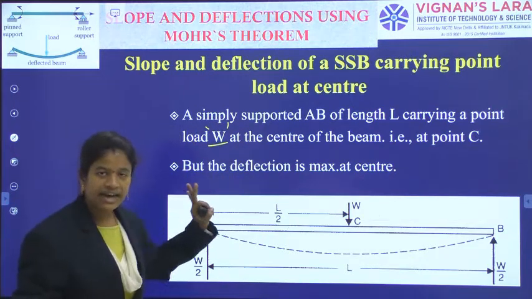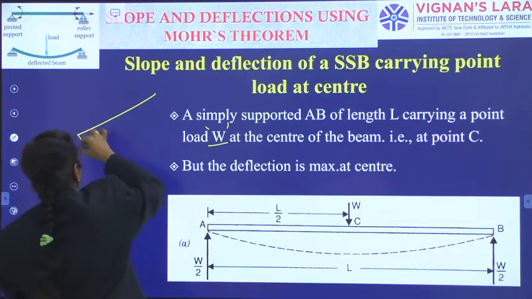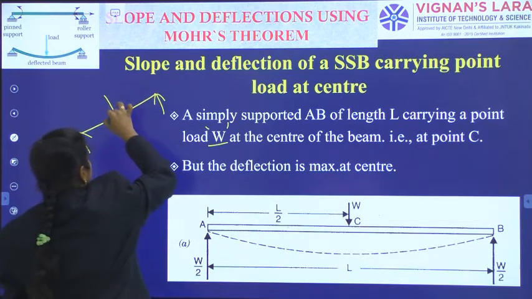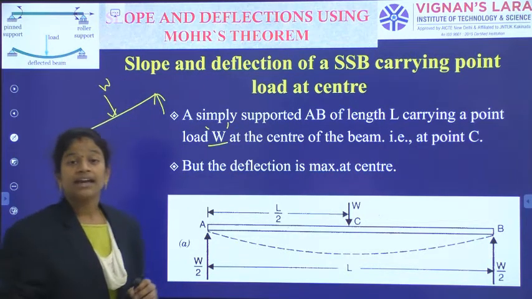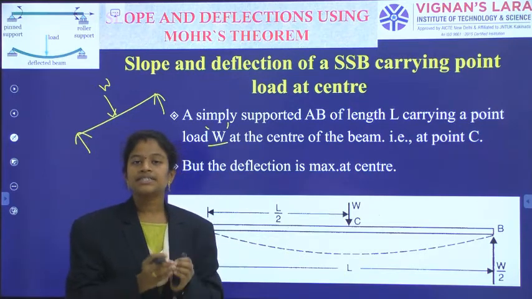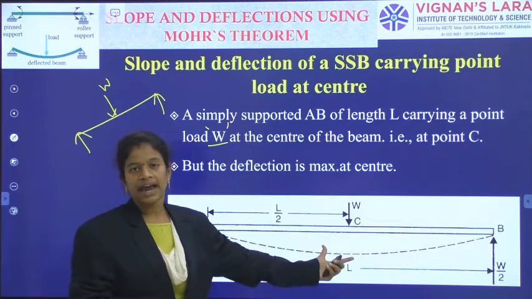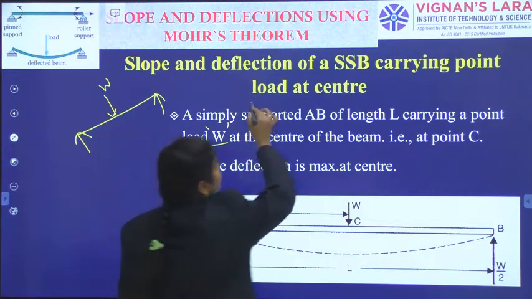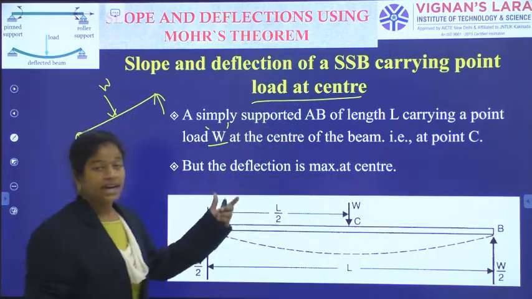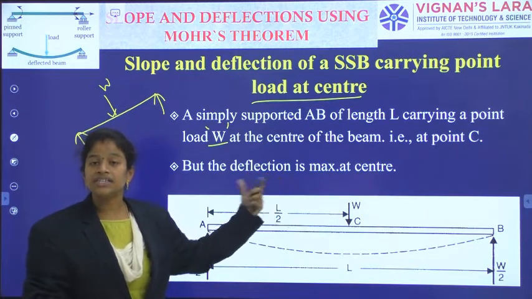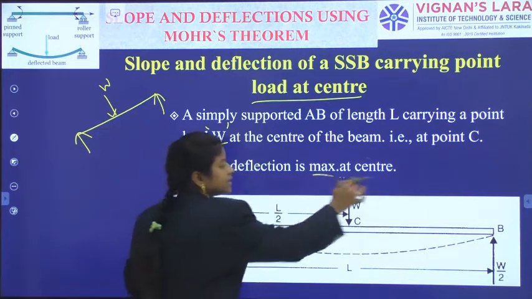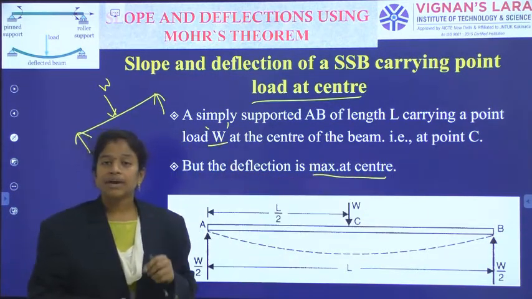So, we have directly taken a simply supported beam placed like this, with a point load at the center. And we have said that a simply supported beam carrying symmetrical loads can be handled with Mohr's theorem or the moment area theorem. Here the deflection is maximum at the center.